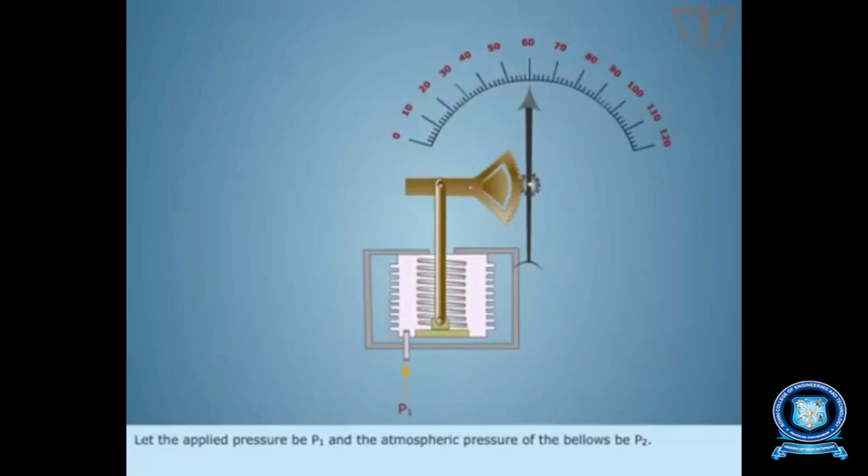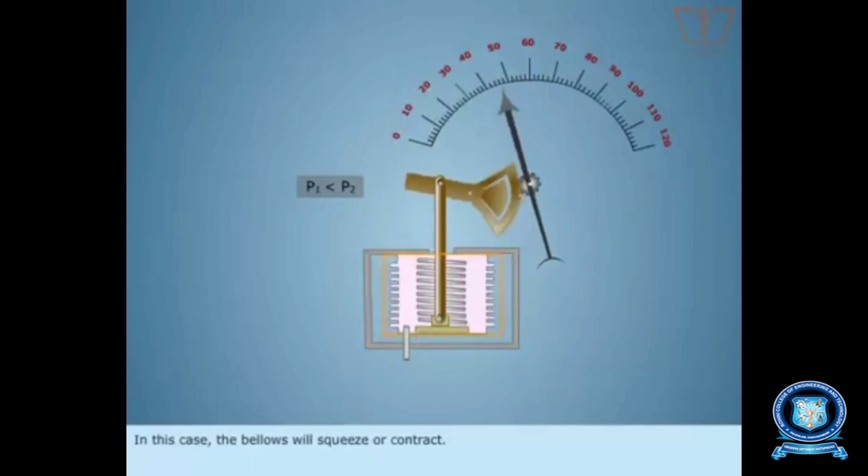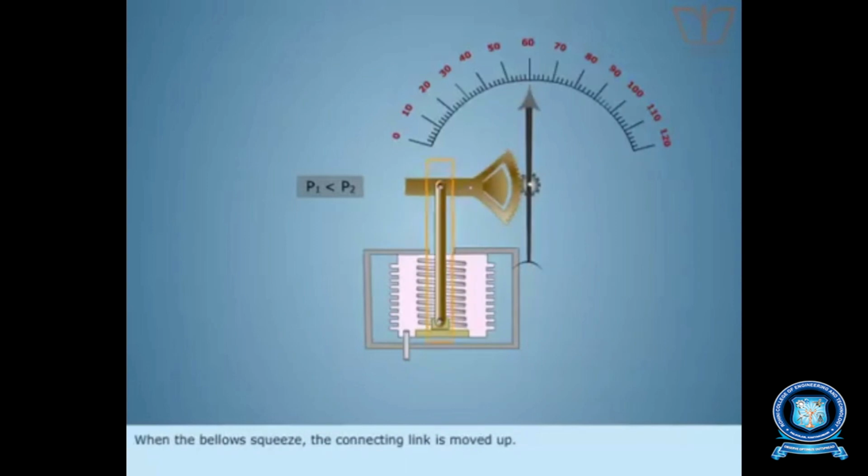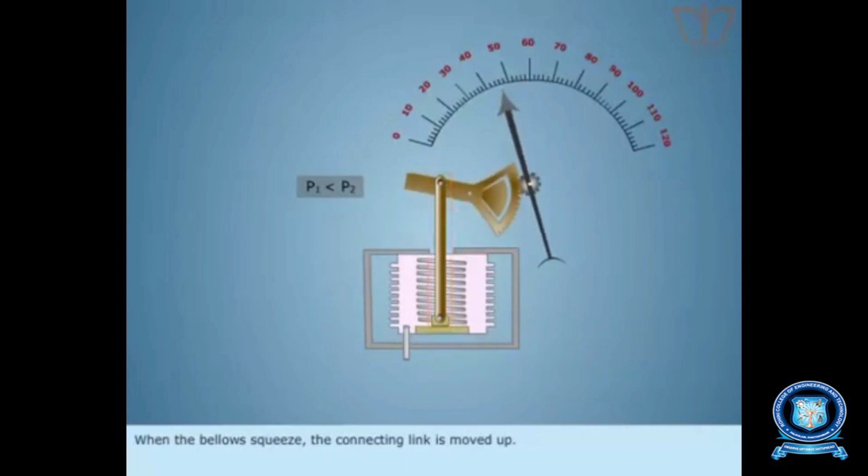Let the applied pressure be P1, the atmospheric pressure of the bellows be P2. Case 1: when P1 is less than P2, the bellows will squeeze or contract. When the bellows squeeze, the connecting link is moved up.